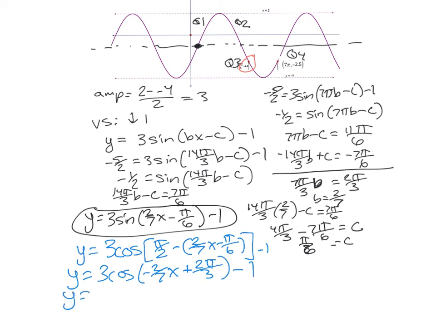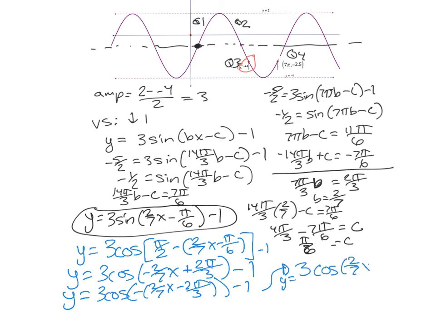Taking out a negative, again, we want that coefficient of x to be positive. So 2/7x minus 2 pi over 3. And cosine of negative an angle is the same as cosine of the positive counterpart. So we're just going to have y equals 3 cosine of (2/7x minus 2 pi over 3) minus 1. That's a 7. All right, and there you have that.